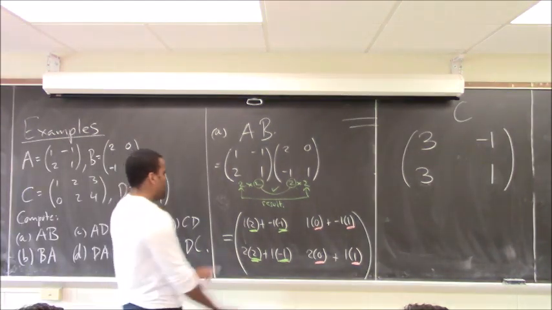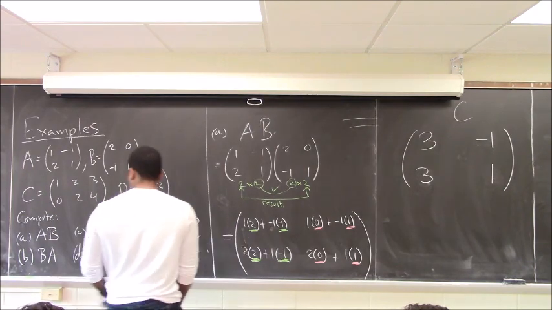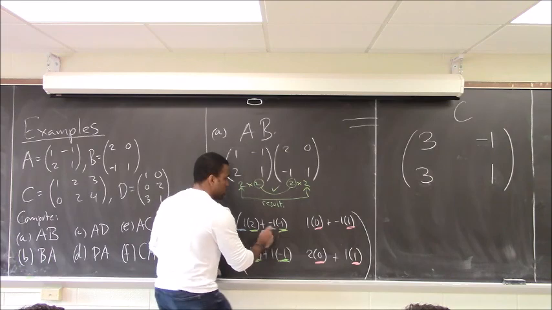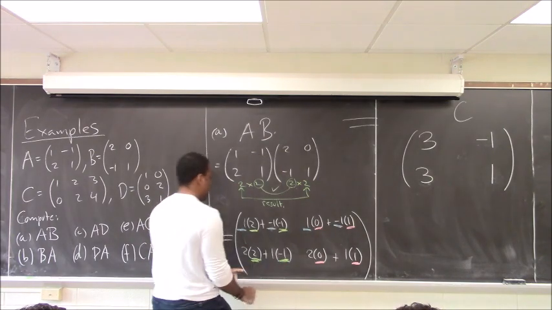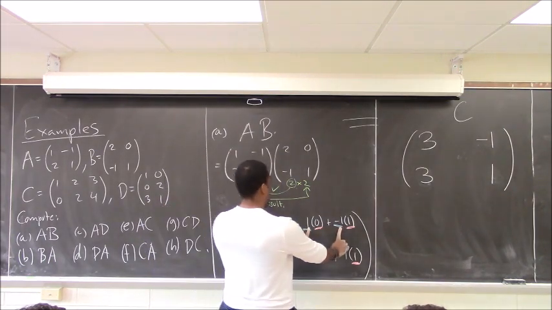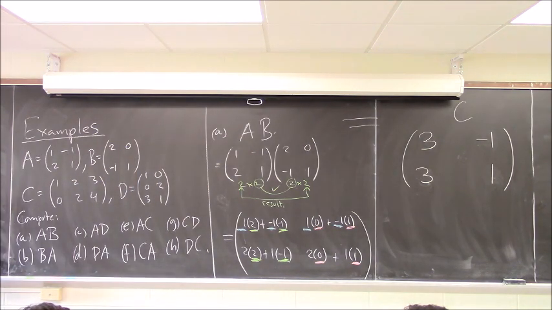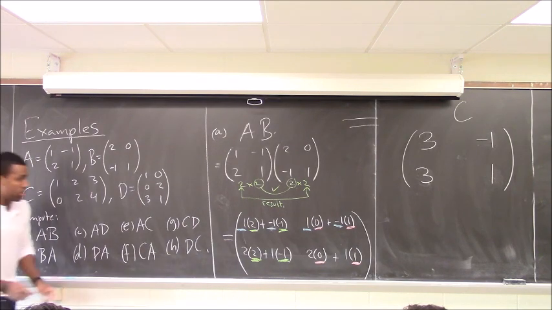You'll notice that the coefficients are the same across the rows. Right? So I have 1 and minus 1, 1 and minus 1. And the other coefficients are the same across the row at the bottom.